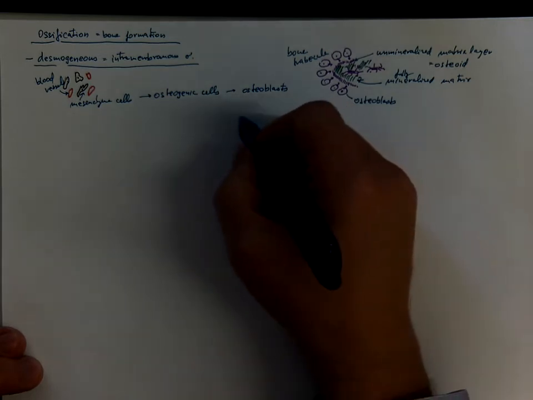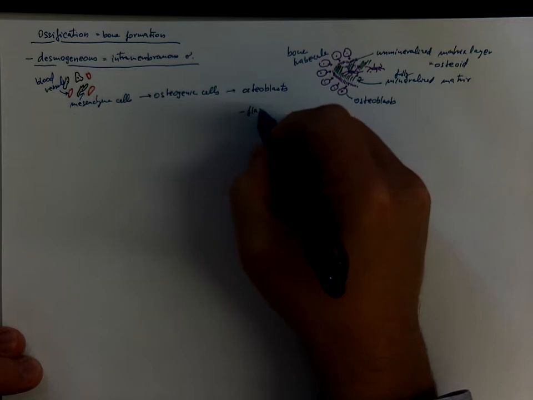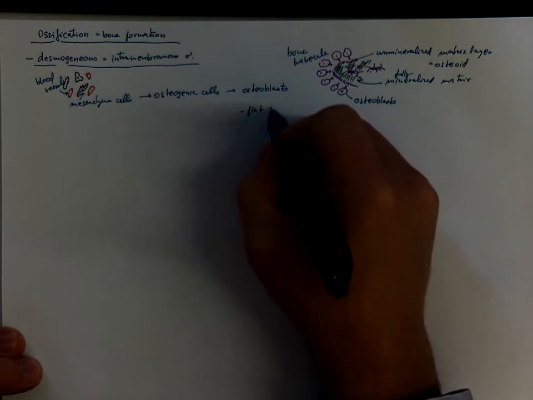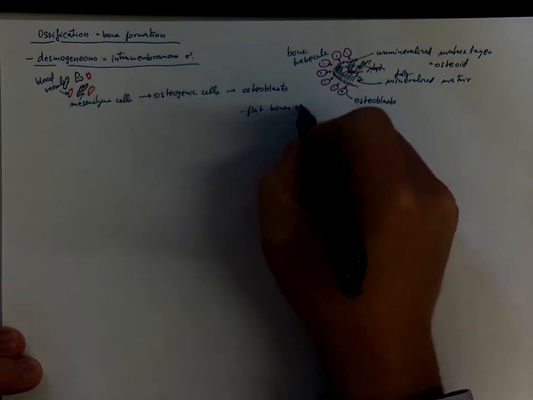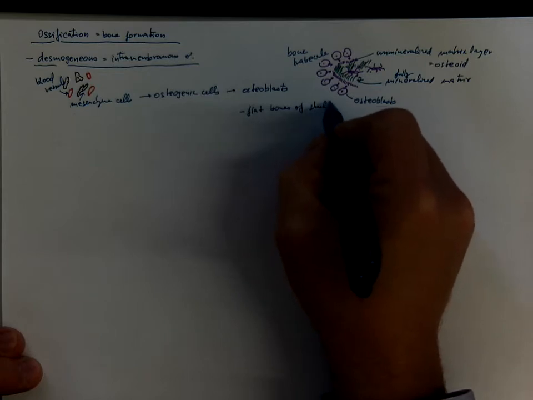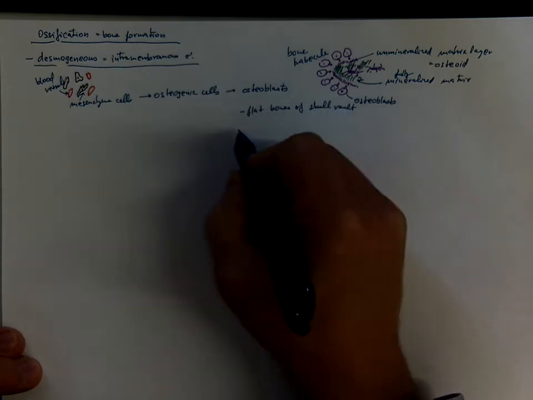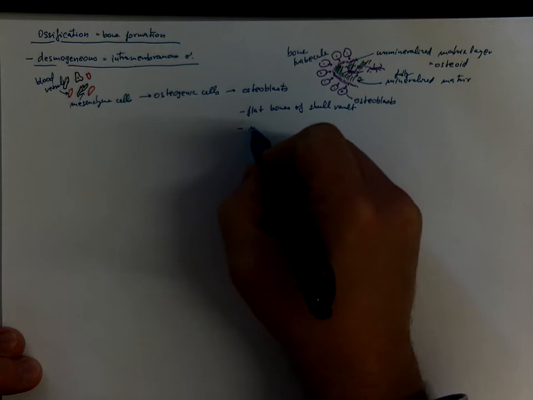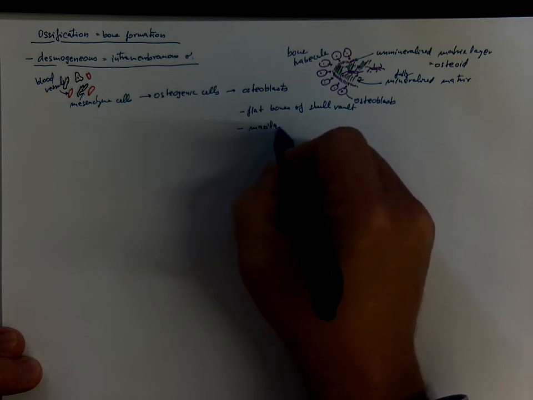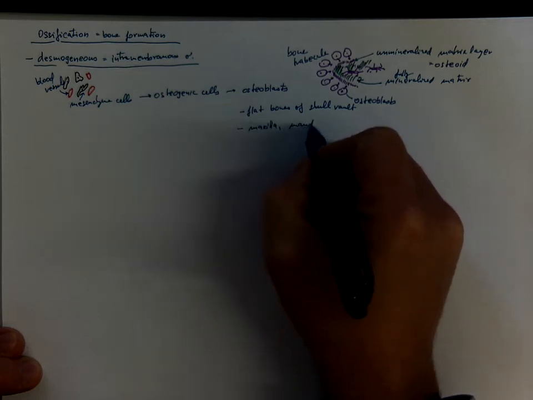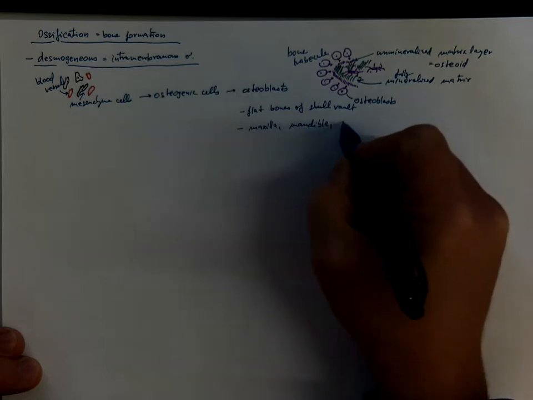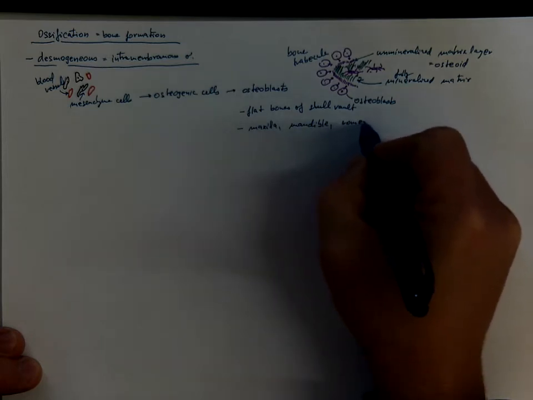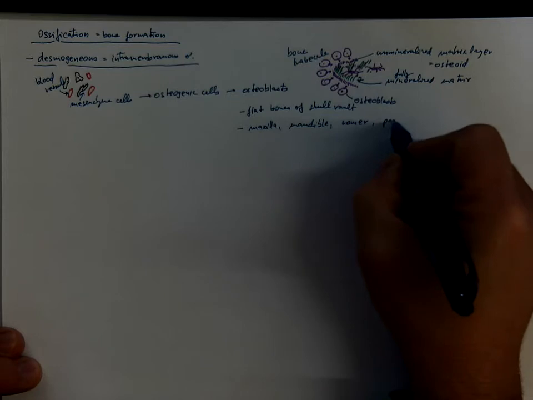This is the way the flat bones of the skull vault are formed. And also the maxilla, the mandible, for example the vomer bone, or part of the clavicle.